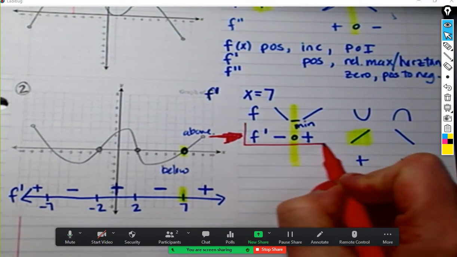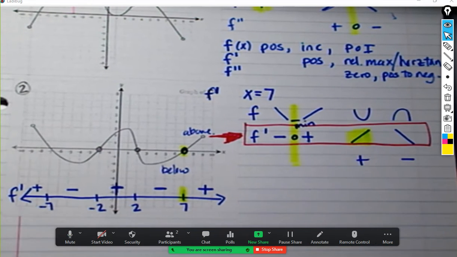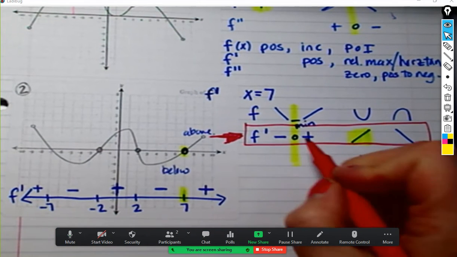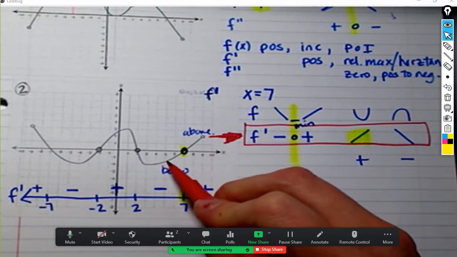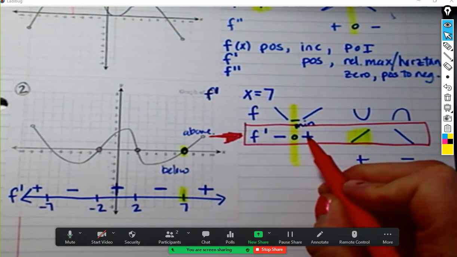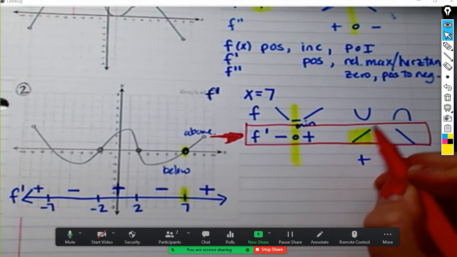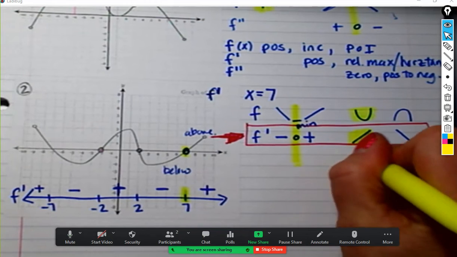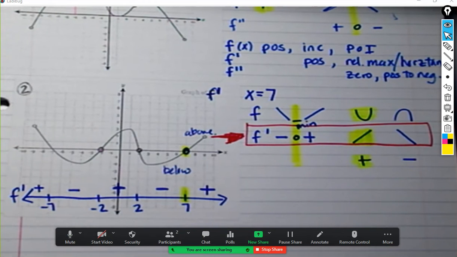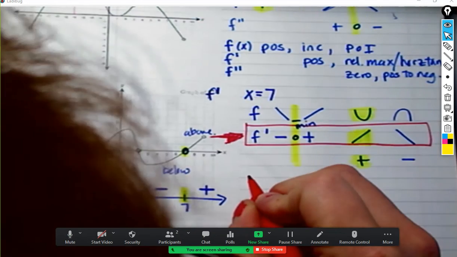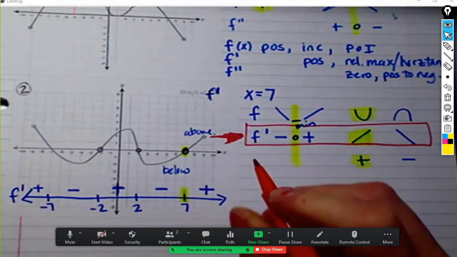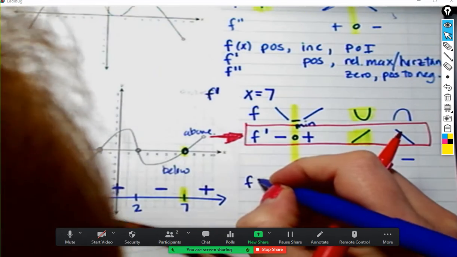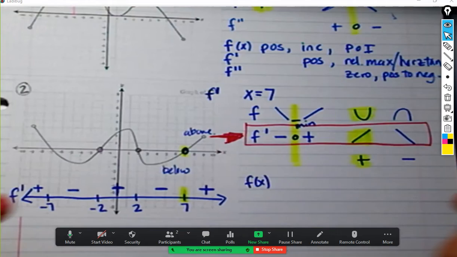All right, so here's where we're going to start. I can see that F prime is 0, and it's changing from negative to positive. I can also see that F prime is increasing. So now I want to say the rest of my sentences. F of x. I'm just going to say them in order.